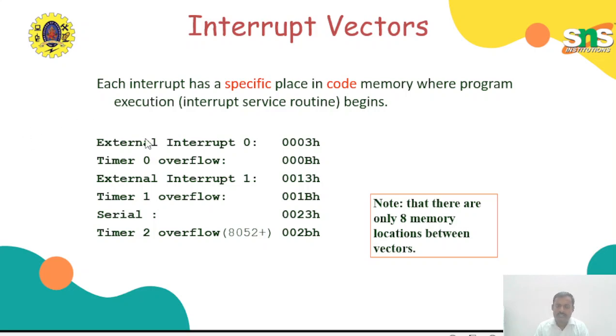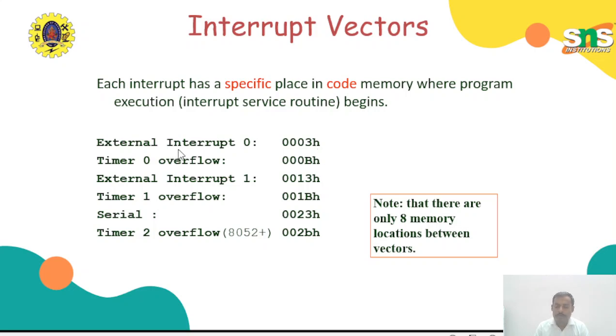Once external interrupt 0 occurs, the corresponding location is loaded into the program counter and the program at this location starts executing. What we do is put a jump from this location to some other location. The location where the ISR is actually available is loaded into 0003 as a jump instruction followed by that particular address.